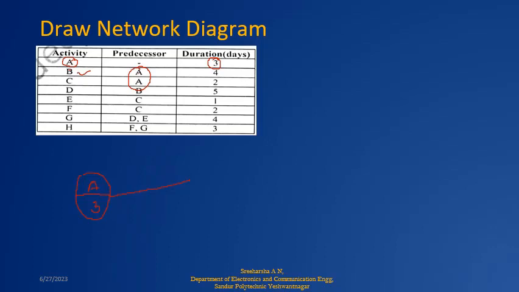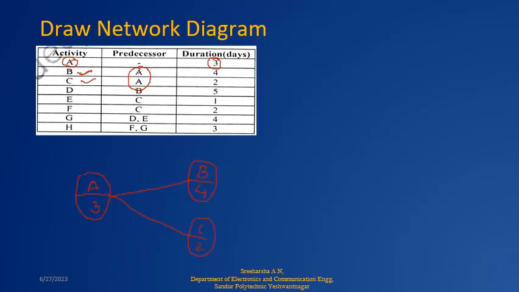If you see here, there are two activities after A. So I will take two lines here, that is B and C. This is my B activity and this is my C activity. The time consumed for B activity is 4, so I will write B and 4 here. The time consumed for C activity is 2, so I will write C and 2.